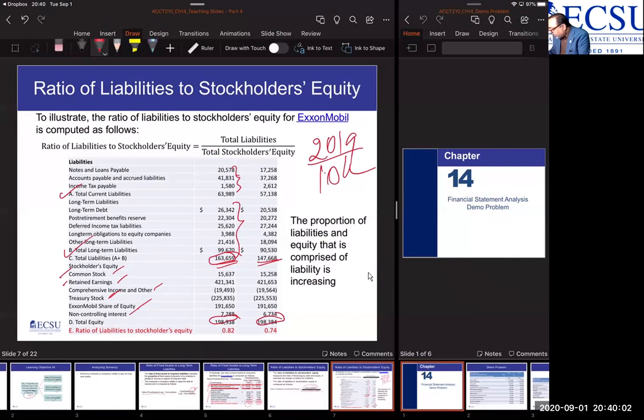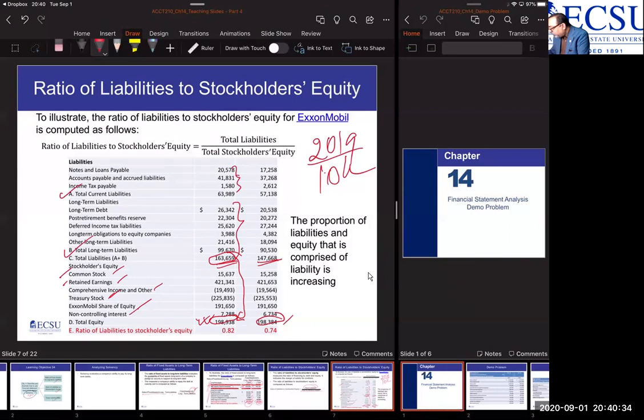Now, as I said to you, if you take the ratio of liabilities to stockholders' equity, as you can see, the total equity is $198,938 million, and it was almost the same, $198,384 million, and then $147,668 million.